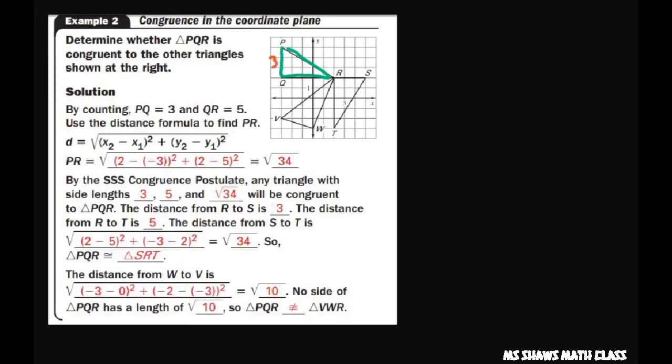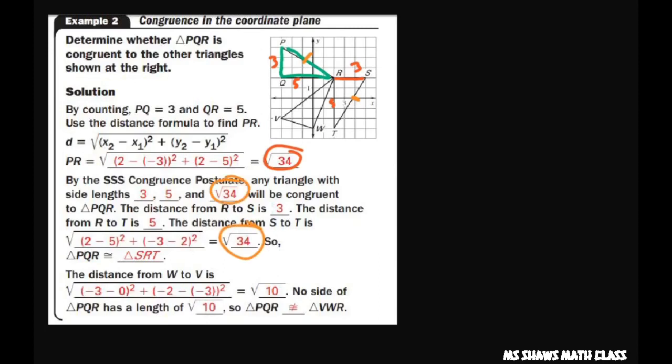This is 3, and this is 3, and QR is 5 if you count, and if you count this side, that is 5, and then use the distance formula for both. You get square root of 34, and that's for this side. So that means they'll be congruent. We did 2 congruents here, so 2 distances.